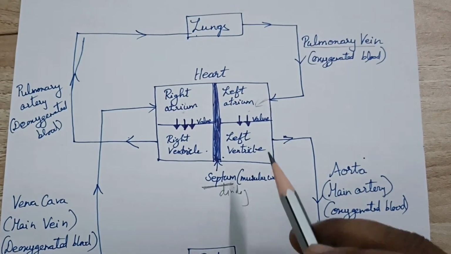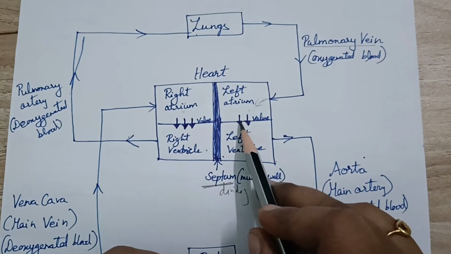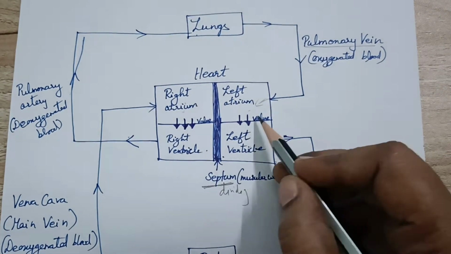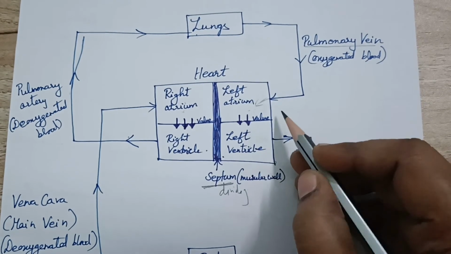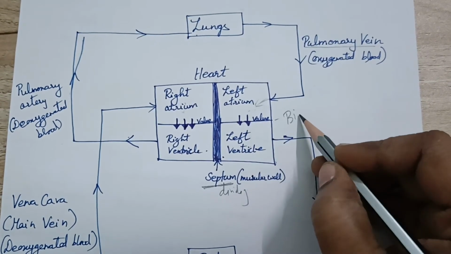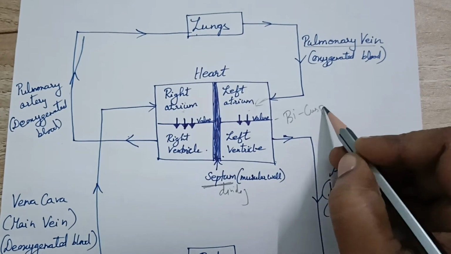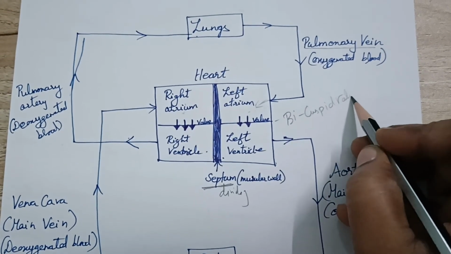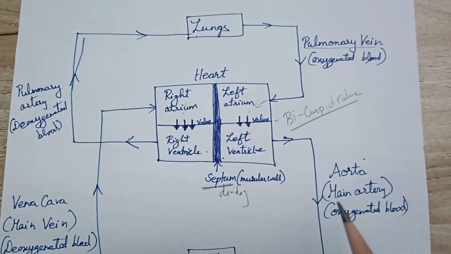Then you have two flaps. Since there are two, it is called the bicuspid valve. Usually a valve means a one-way flow of the blood.